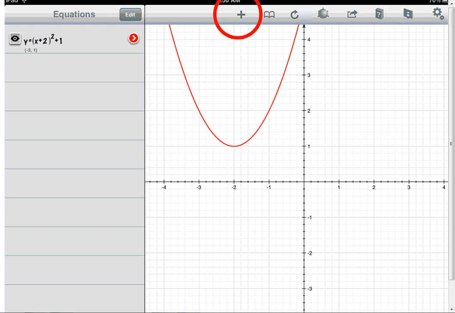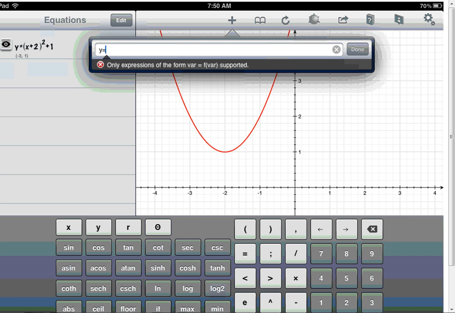You're just going to add, you're going to type in parentheses x plus 2 squared. That's where you're going to put it. F of x is y. So just type that in. So this is what you're going to type in, and you should see this picture. That's what you should see when you do add. Y equals.